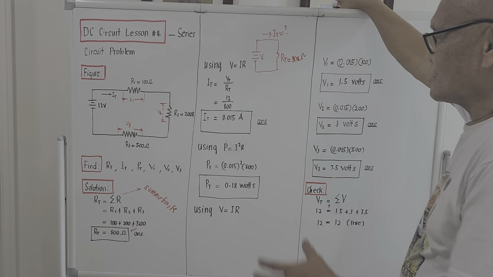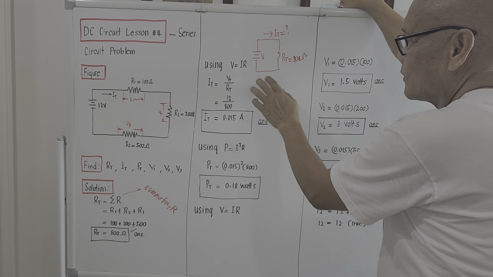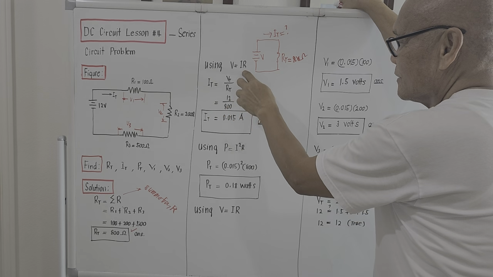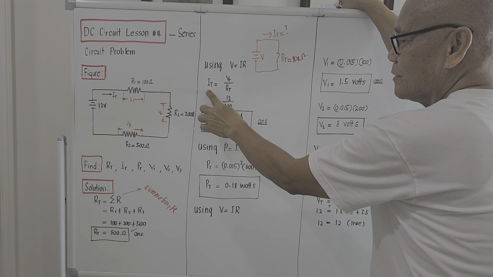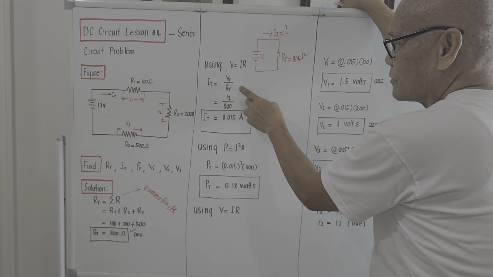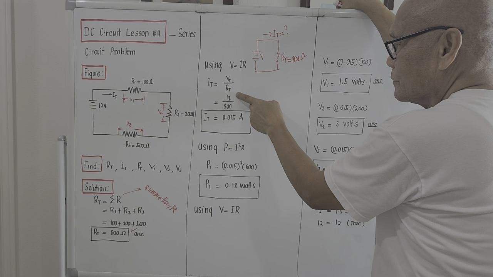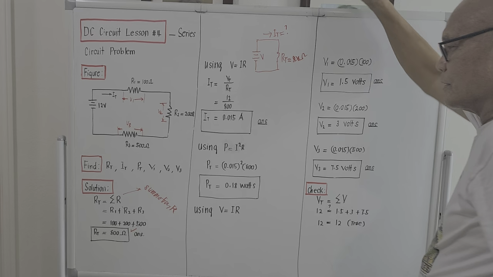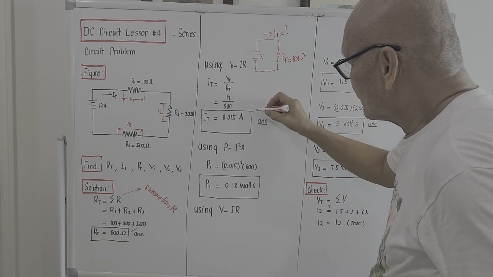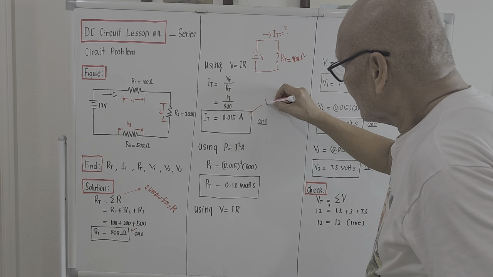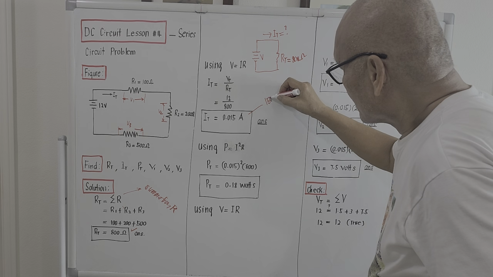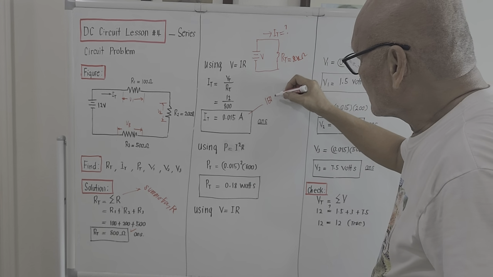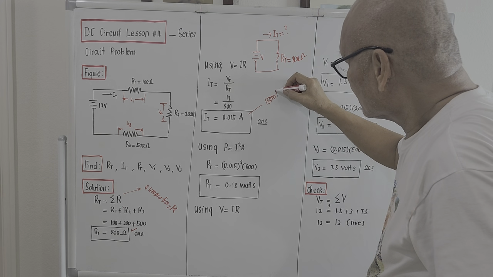So the total current will be the total applied voltage over R total. And this should be 12 over 800. And this is 0.015 ampere. This is a very small current. And if we try to express this in terms of milliampere, this is 15 milliampere.